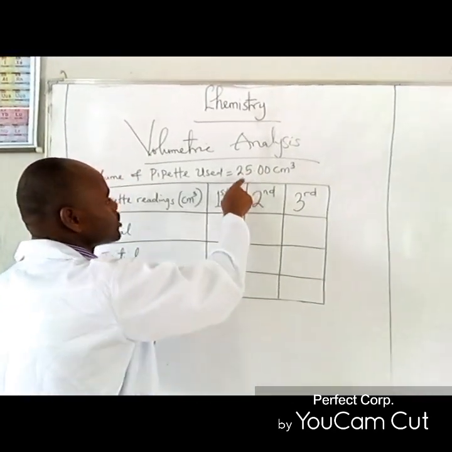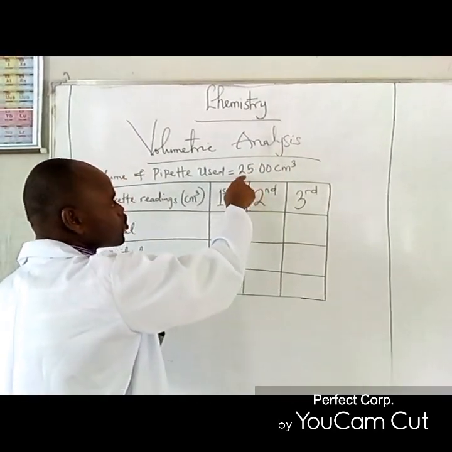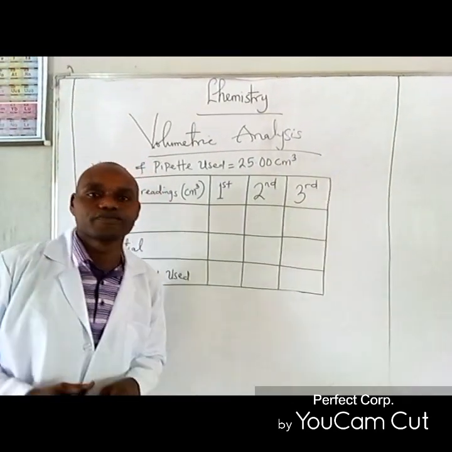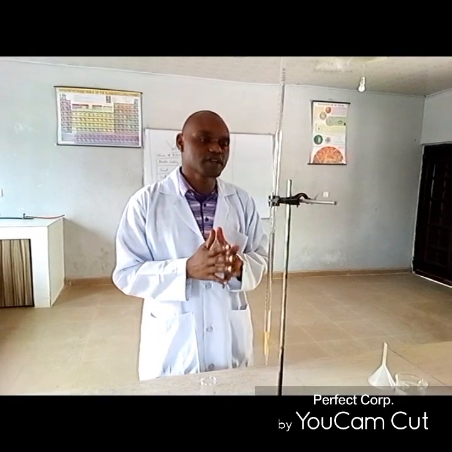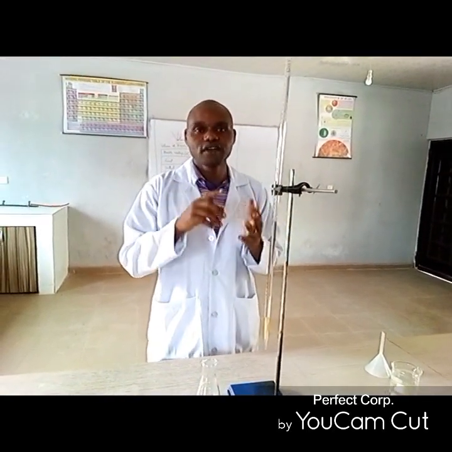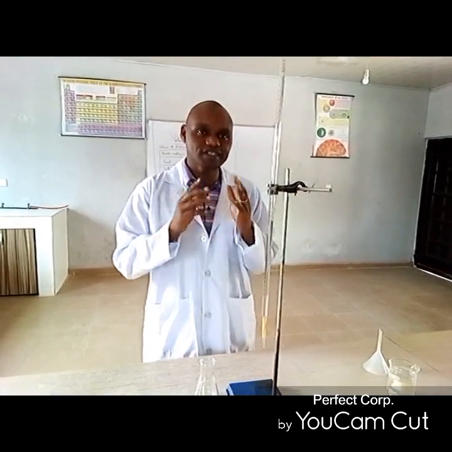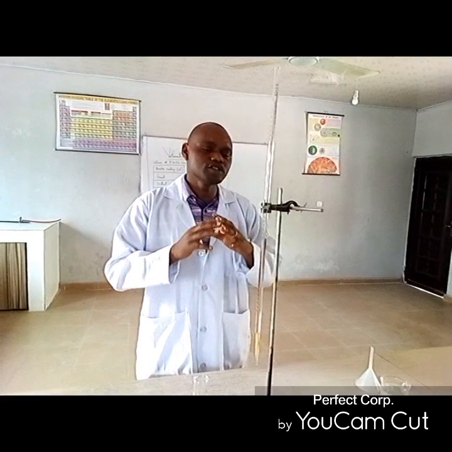Don't just write 25 cubic centimeter, it must be 25.00 cubic centimeter. To carry out this practical, we titrate 3 times. That is why we have first burette reading, second burette reading, and third burette reading. So please just follow through as we carry out this practical.